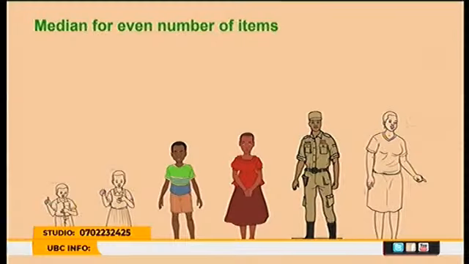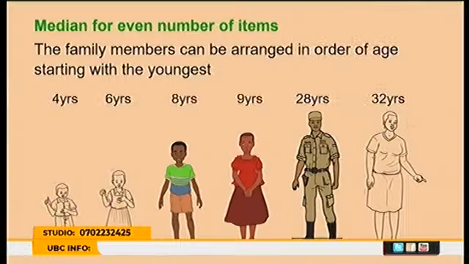We are going to arrange them, like I said, in increasing or decreasing order. Let's arrange our members, starting with the youngest. This time it is age, so we are going to start with the youngest.